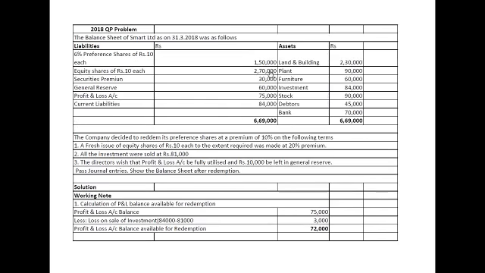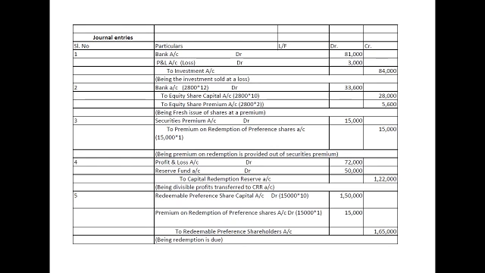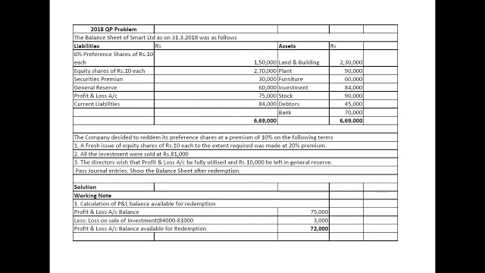If you go through the problem, they already have 30,000 in the securities premium account. And at the time of redemption, the premium on redemption of preference shares to be paid is 15,000 into 1 rupee. That means the premium is 10% as per the condition given in the problem.